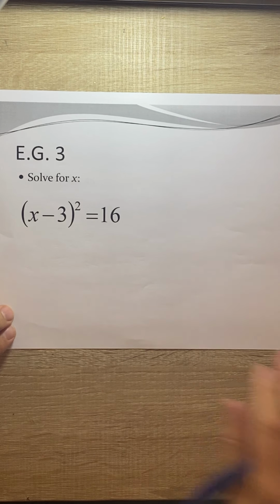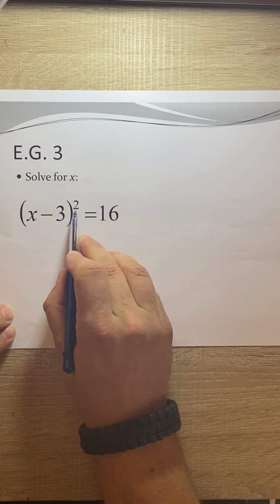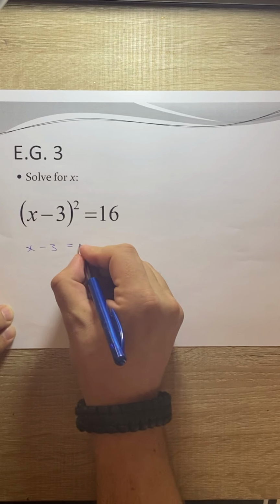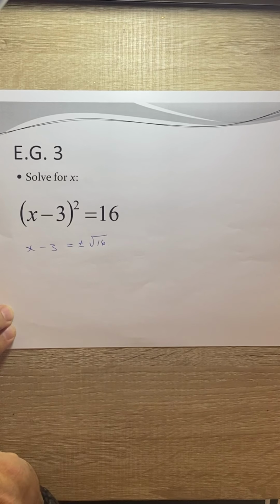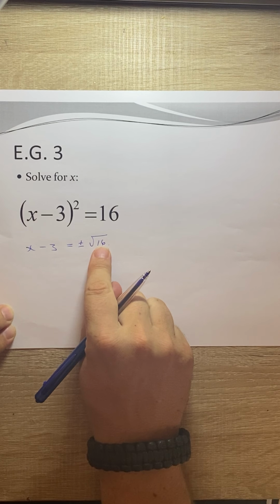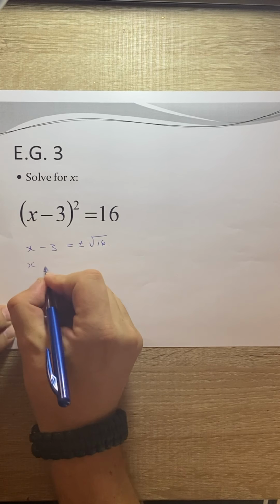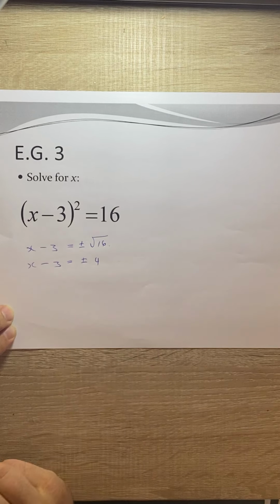All right, example 3. Again, take the square root of both sides to get rid of the squared. So here we'll get x minus 3 is equal to, remember, plus or minus the square root of 16. We can take the square root of 16 because 16 is a perfect square. So we get x minus 3 is equal to plus or minus 4.